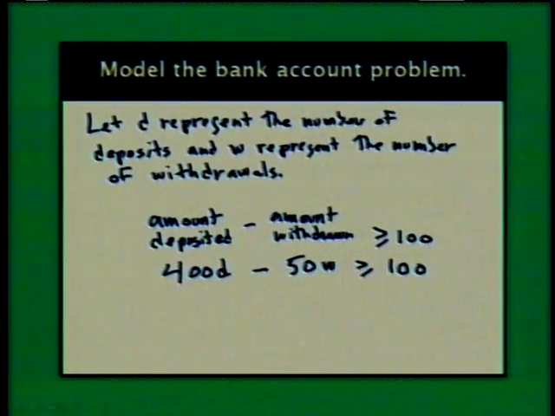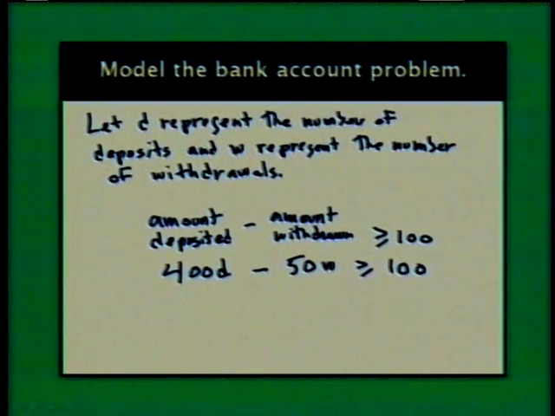Now in this situation, if I think about the boundary equation in standard form, 400D minus 50W equals 100, and I think about the trick I've been using of using the intercepts to graph the boundary line, I see I'm going to run into a little bit of trouble, because solving the equation 400D equals 100, for example, would leave me with D equals 1/4. That's not going to give me the best graph.